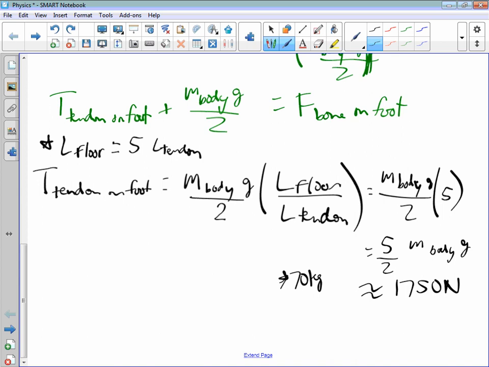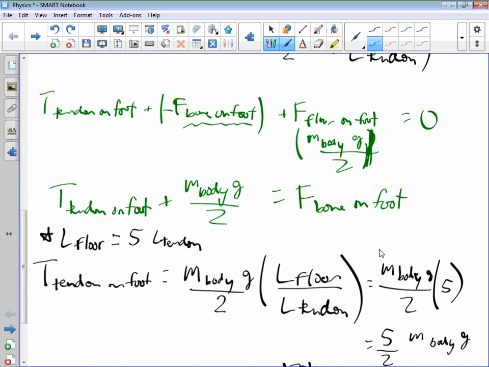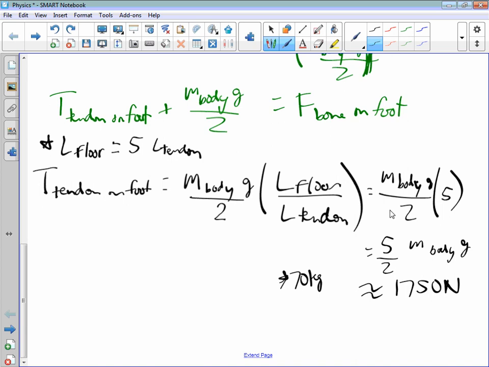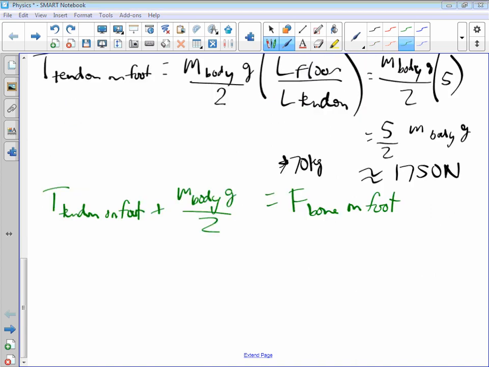The other thing that we were wondering about was the force of the bone on the foot. So I might steal this equation. We have pretty much all the information we need now to do force of the bone on the foot. We figured out that the tension of the tendon on the foot is 1750. So we can go ahead and put that in, 1750.